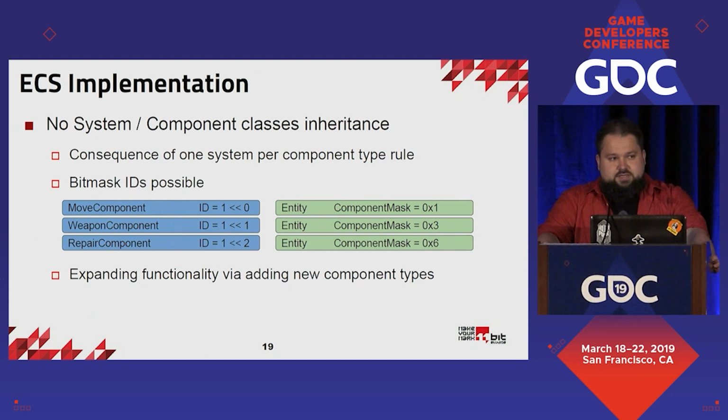But that implied that there was no system or component classes inheritance. So we technically couldn't allow the inheritance, and through that, the only way the functionality of a component could be expanded was via adding a new component type.